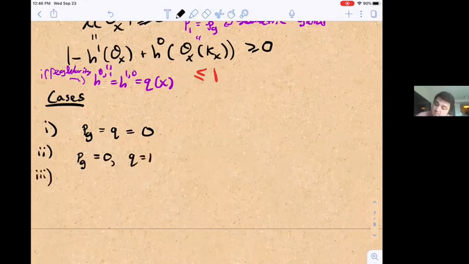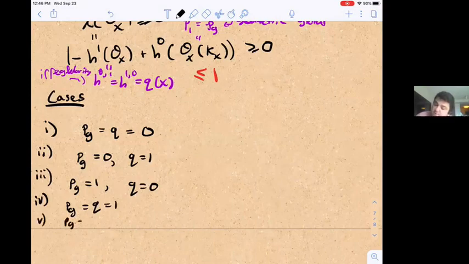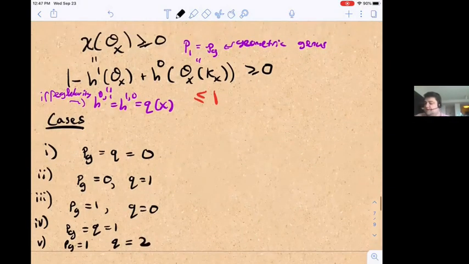We could have PG 1 and irregularity 0, both of them 1, or PG 1 and irregularity 2. So those are the only cases allowed by these inequalities.